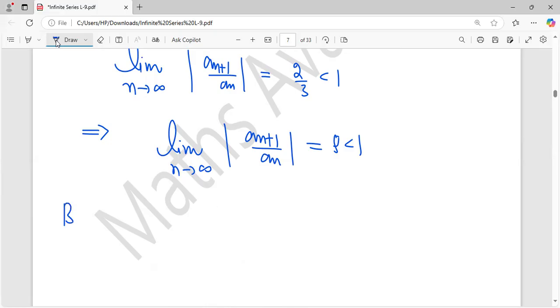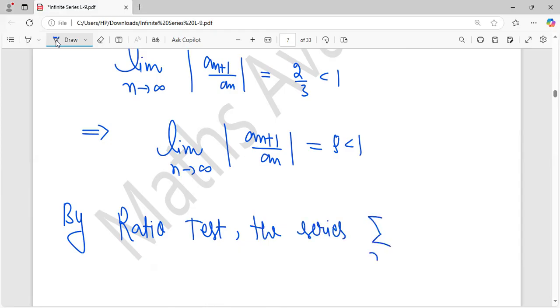So by ratio test, the series summation n goes to 1 to infinity 2 to the power n plus 5 upon 3 to the power n converges absolutely.